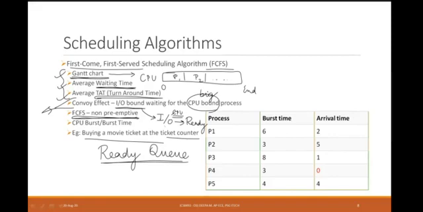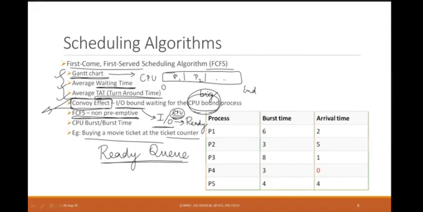So now we have these smaller IO processes which have completed the IO operation, but they need some amount of CPU time. But these processes are going to wait for the CPU bound process. Such a condition is called convoy effect. Convoy effect.